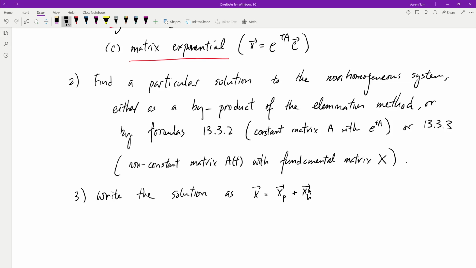It doesn't matter which order you write them, but just add the homogeneous solution and the particular solution together, and that gives you the entire solution X.